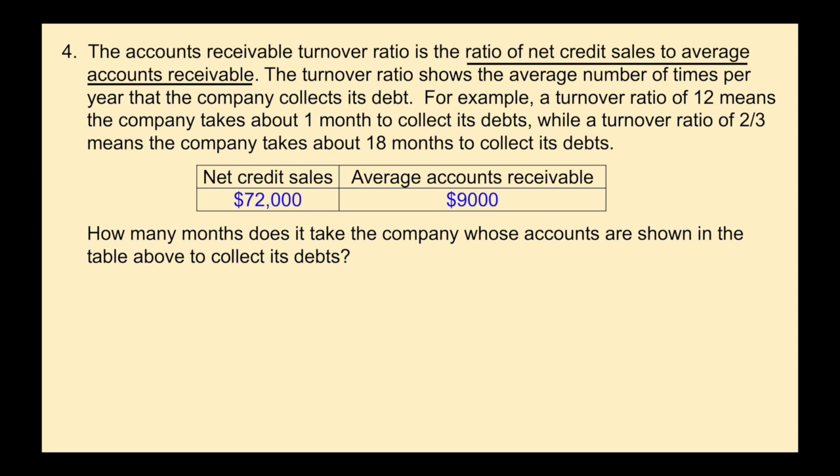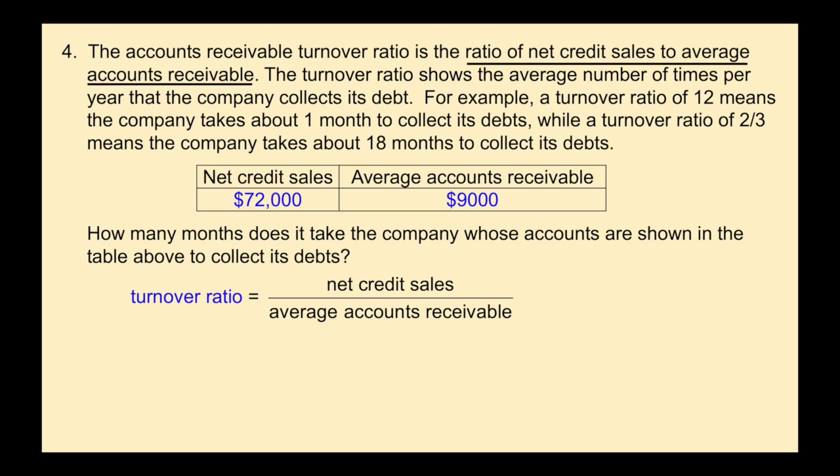So again, we want to look at net credit sales to average accounts receivable. So that's going to tell me what my fraction is going to be. Now from there, if our net credit sales are $72,000 and our average accounts receivable would be $9,000, that's going to end up giving us 8 for this one.